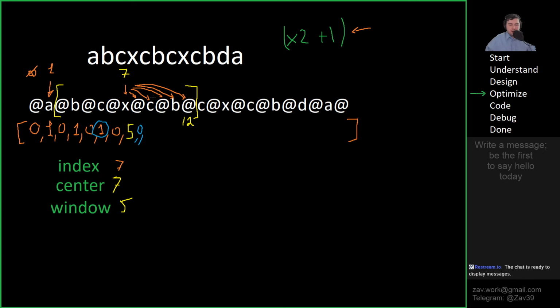We can initially skip this number of symbols since they are guaranteed to be the same. So we start with a palindrome like this, and we need to make just one check, comparing B with X. B is not the same as X, so in this case we again have a palindrome length of 1.